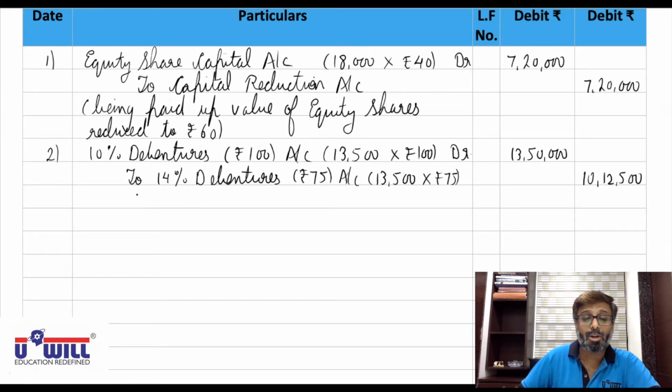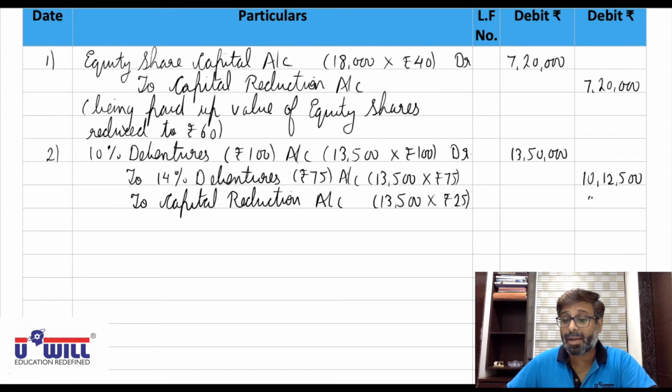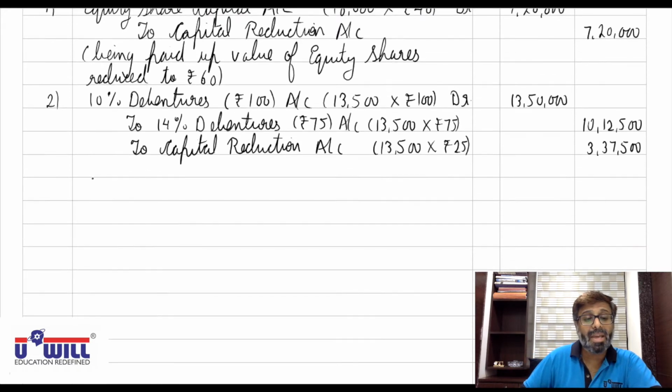And remaining 25 rupees what they are sacrificing will be transferred to capital reduction account. So 13,500 into 25 rupees, what they are sacrificing will be transferred to capital reduction, 3,37,500.